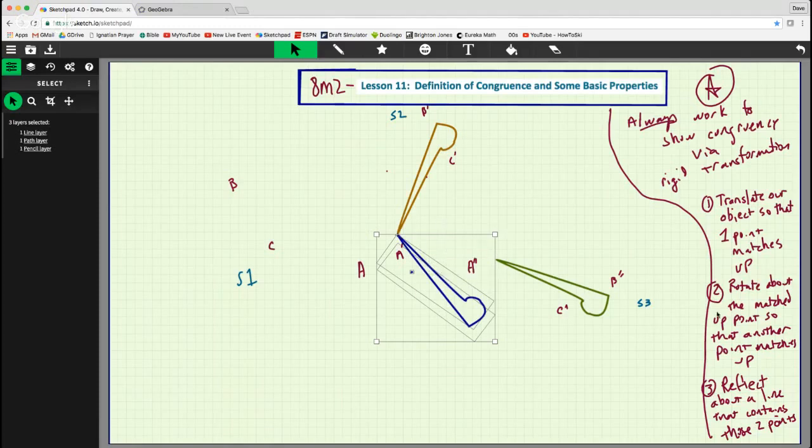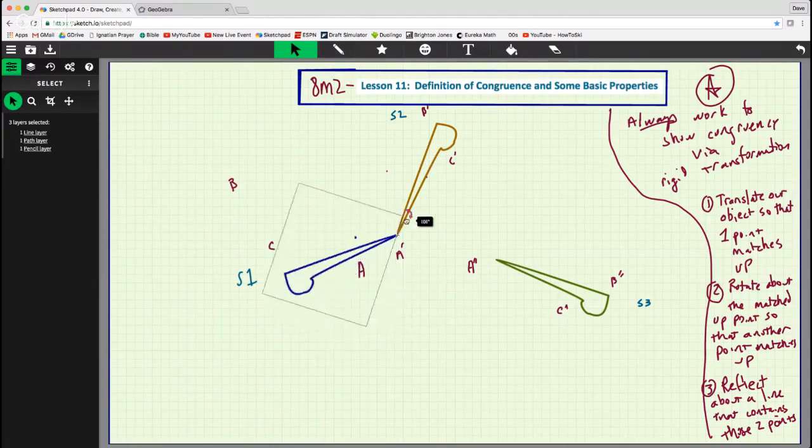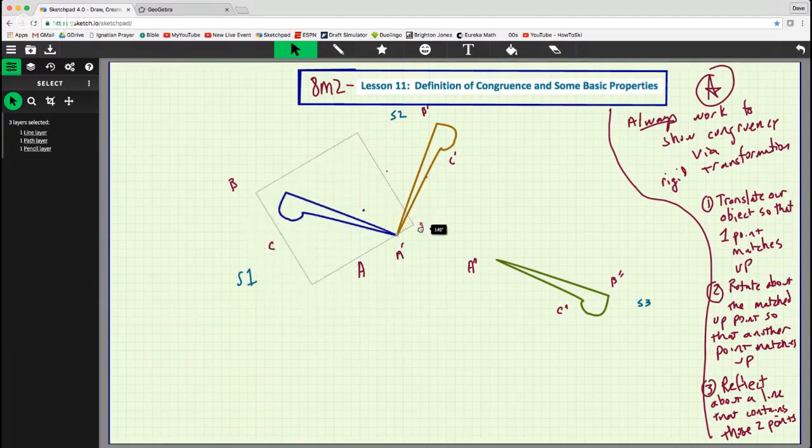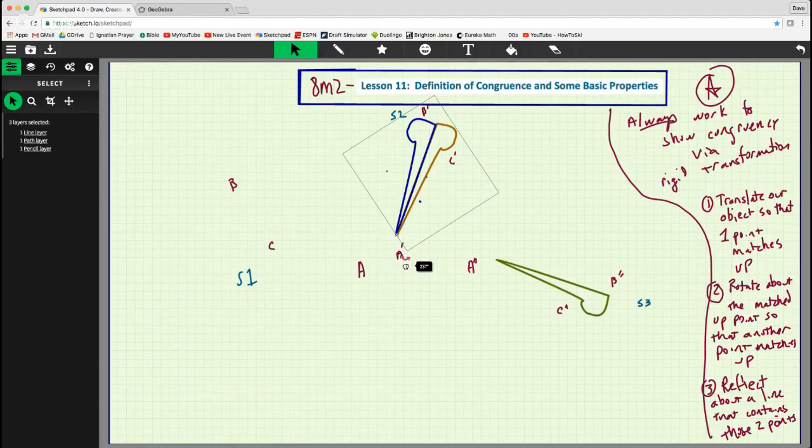We're going to rotate it about the point so that another point lines up. Still haven't lined up another point. But now we've lined up that second point. And remember, my drawing wasn't exactly perfect, so that's why it's not exactly on top of each other, but we've lined up that second point.